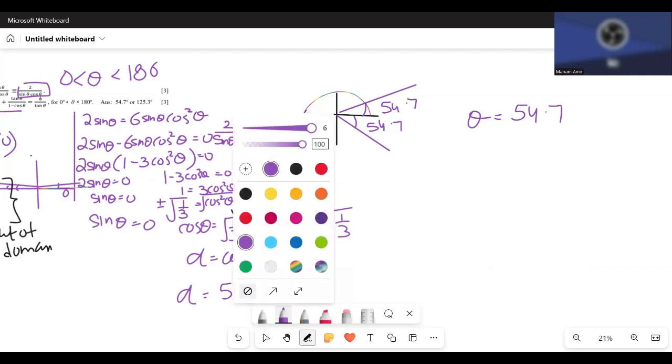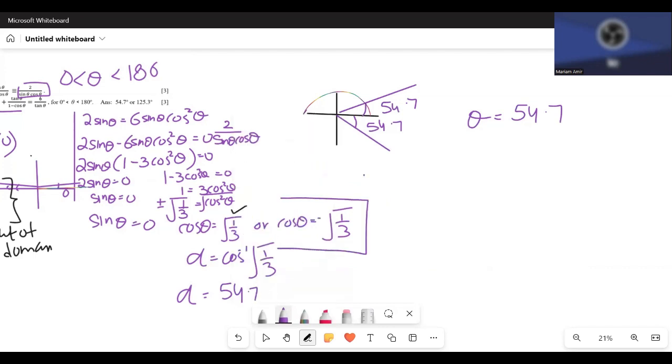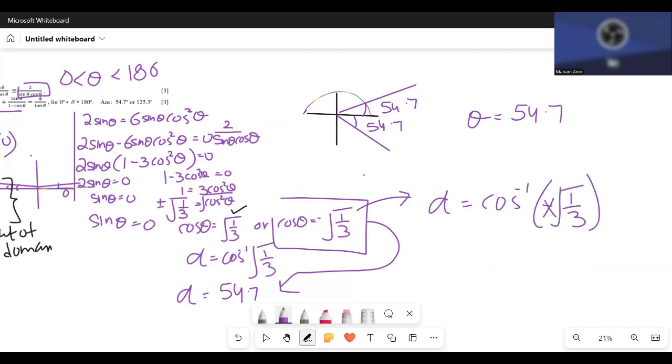Now let's take this negative cos. The absolute angle is going to stay the same because we take cos inverse of square root 1 upon 3 again. Remember, whenever we're finding the absolute angle, we take cos inverse or sine inverse or tan inverse of the positive value, not of the negative value.